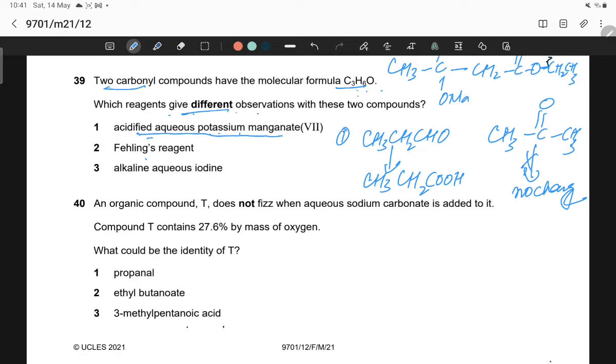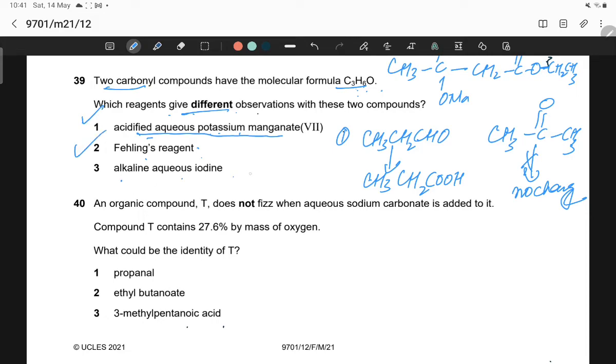Fehling's reagent: the aldehyde gives a positive test, but the ketone does not show any change, so this is also correct.